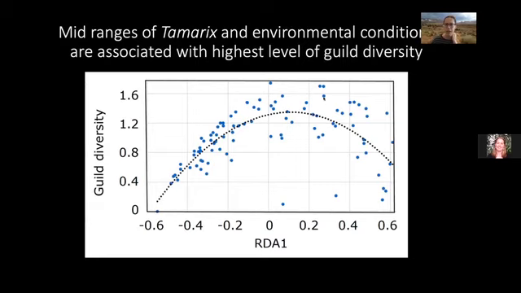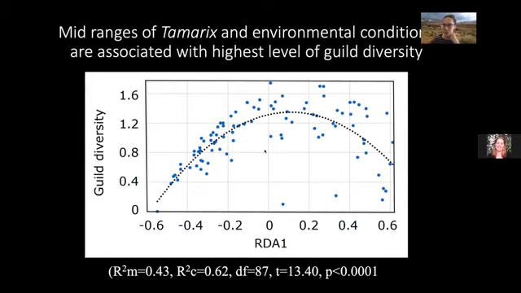So very dry as well as very wet sites have a much lower diversity, and the same is true of Tamarix cover. Very high Tamarix cover and very low Tamarix cover have lower diversity than intermediate levels. So this relationship was confirmed with a quadratic mixed effects model, and the RDA1 explains 43% of the variation in guild diversity.